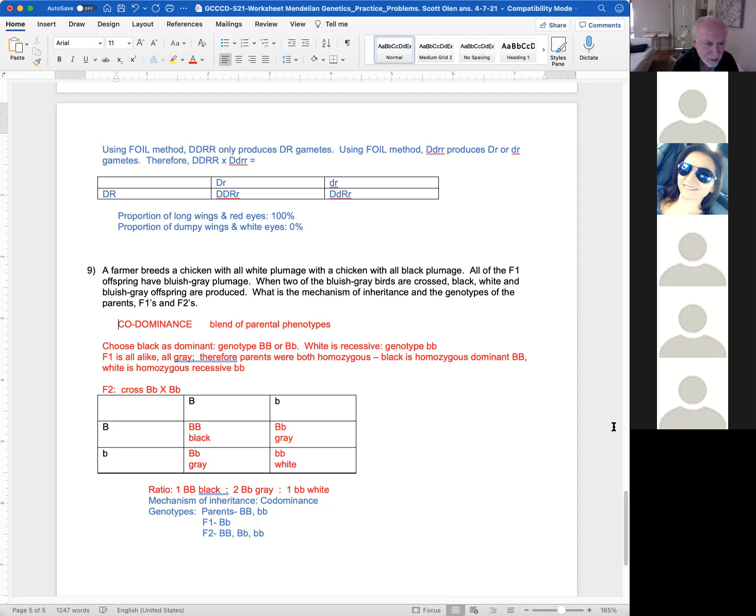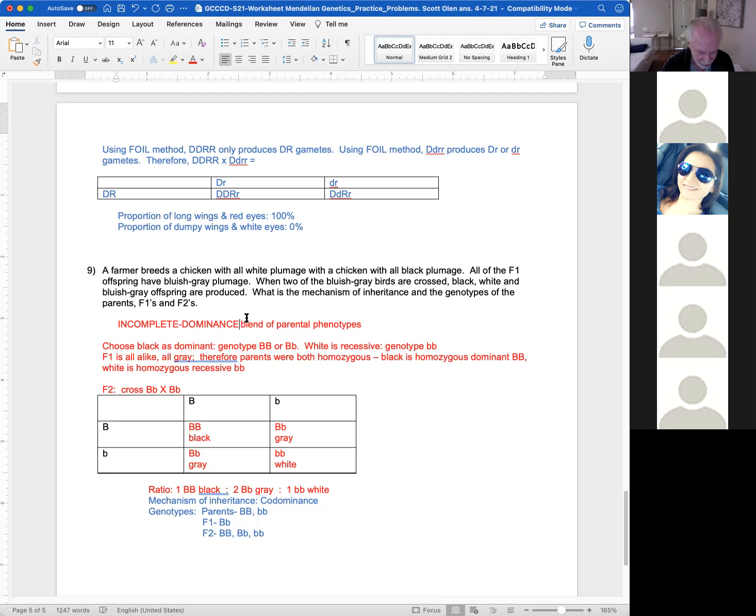This should be incomplete dominance, because we have neither a white nor a black chicken coming out in the first group. We have a bluish gray or a mix. There's an intermediate between white and black. So think of it kind of as a gray or bluish gray. Okay. So this would be a case of incomplete dominance.